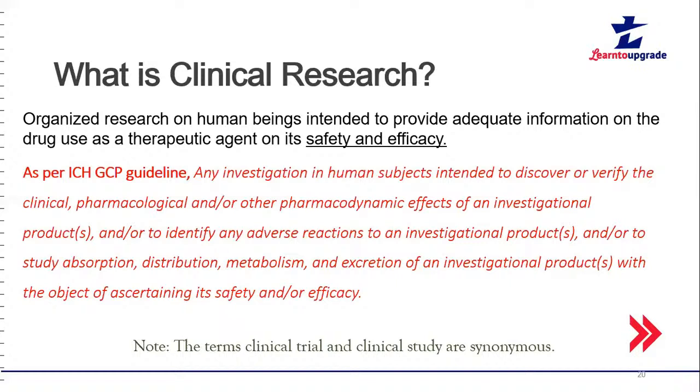Of course, countries have their own guidelines, but they can take reference from these. These are internationally approved guidelines, and under ICH there is the GCP, the Good Clinical Practice guideline. As per that guideline, there is a technical definition of clinical research.